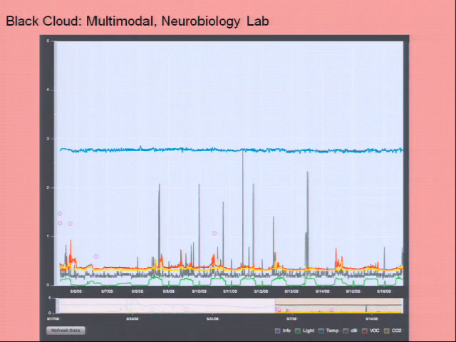And if we put it all together, we get a pretty dense picture of what life is like in a particular place and what kind of pollution we experience. Here again is the neurobiology lab, and this is Professor John Flannery's lab. And we see light going up and down during the day, but every day at midnight there's a spike of light. And I was like, what's that all about? Well, it turns out there's probably a security guard checking the lab, right?